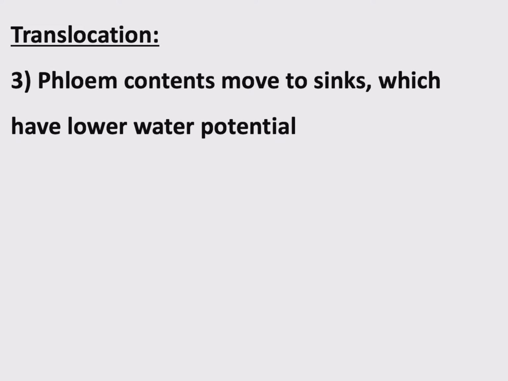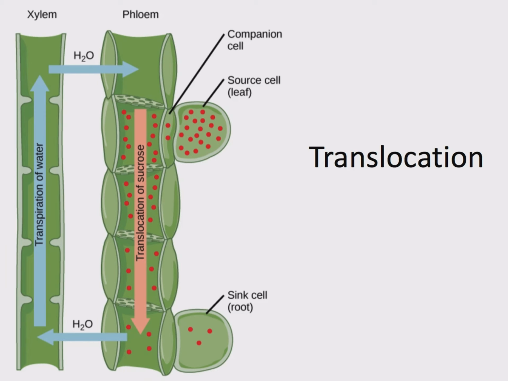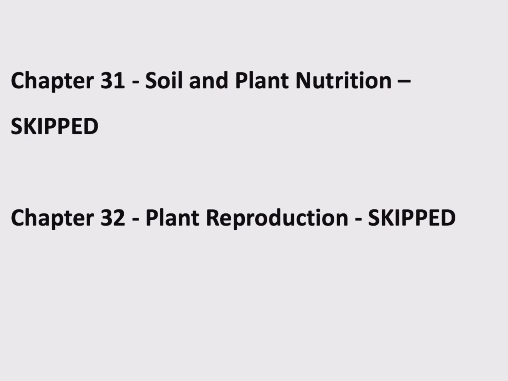I think these figures do a good job of showing this, and I broke down each of these transportation steps into 3 easy stages. But yeah, I think that this is important to understand as a capstone to talking about plants. Now, there are a couple of plant chapters left if you're following diligently along in this textbook, but we're skipping these: chapter 31 about soil and plant nutrition, and chapter 32 plant reproduction.